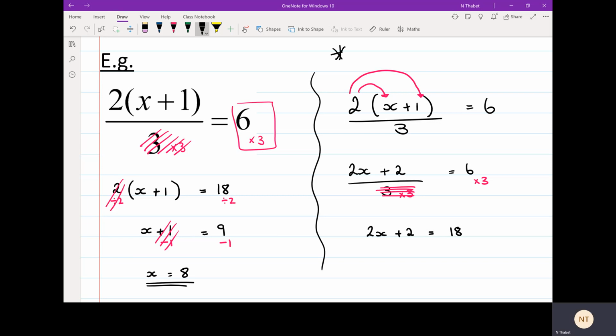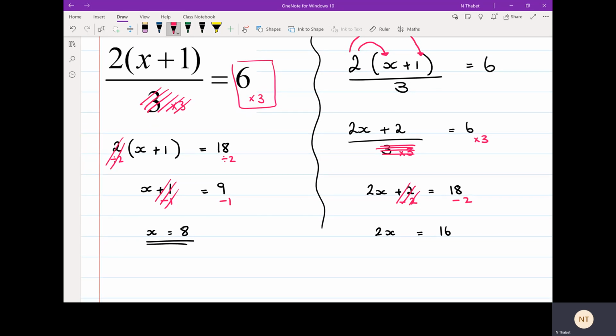This might be easier. Expand the bracket, reverse the division, and then solve the equation. Take away 2 from both sides. That gives us 2x equals 16. Divide both sides by the coefficient of x, which is the number next to x, the 2.